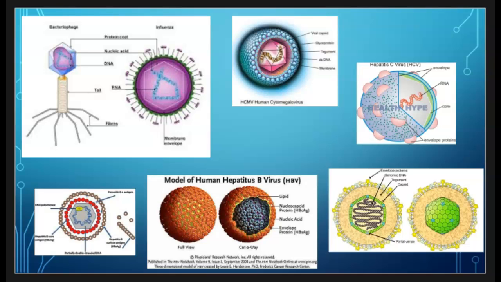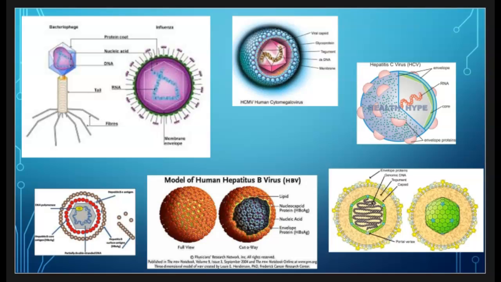IgM is made first. It activates complement and inactivates virus by agglutinating particles. IgG activates complement, promotes phagocytosis, and we need to note that IgA is found in mucous membranes. IgG and IgM are in the bloodstream to inactivate and disseminate.